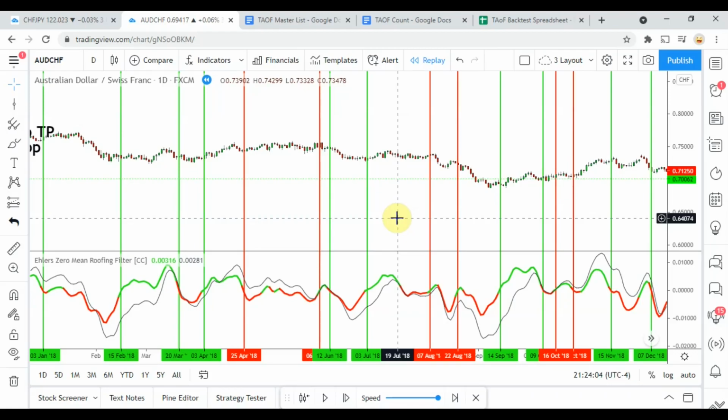But this particular one seemed to be calling trades at some really decent spots, getting you in kind of preemptively into trades, kind of showing you an area where you should be jumping in, and then eventually price action followed along with that trade, which is some really decent way of trading, getting you in as early as possible rather than waiting until an extended amount of the trend has already taken place, and you missed out on a significant amount of what would be profit. So all in all, a decent indicator, not bad at all.